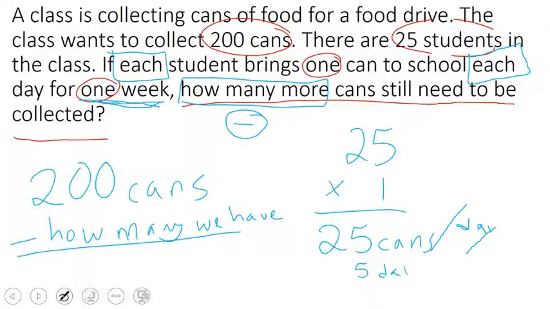Remember, we don't go to school all 7 days of the week. So I say, okay, 25 cans times 5 days in each school week means that we'll have 125 cans at the end of this week.